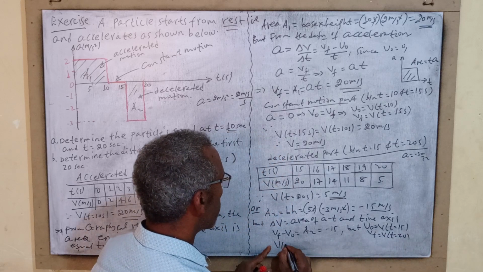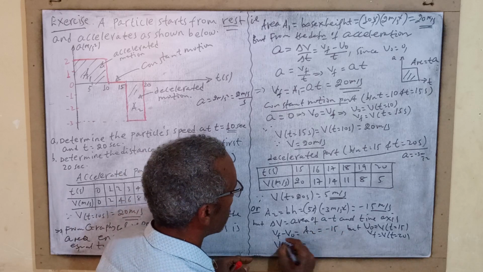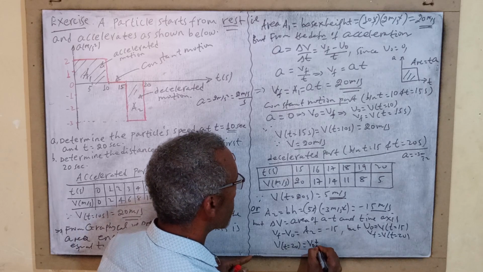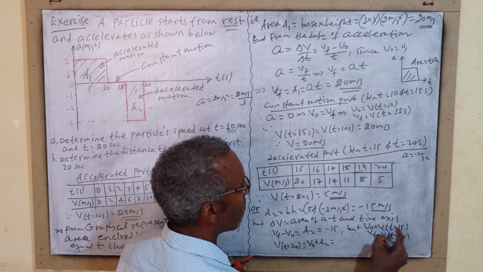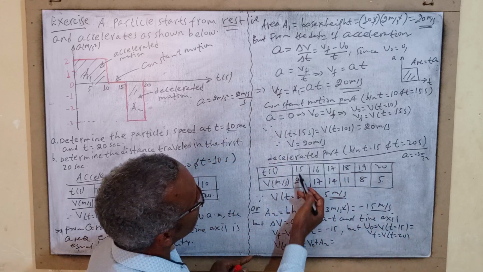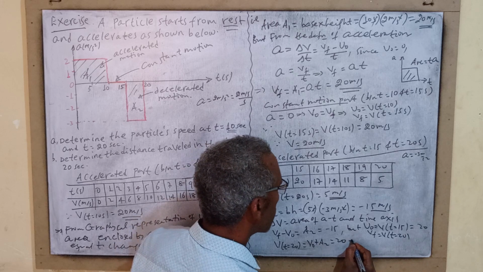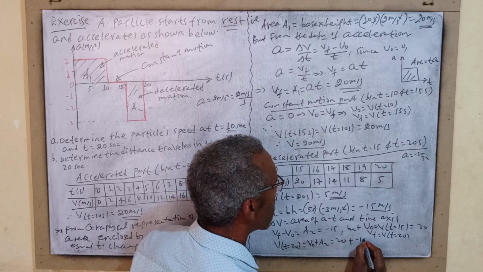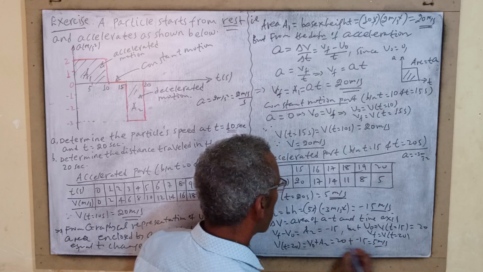Therefore, V at t equals 20 is equal to V naught plus A2. V naught is the velocity at t equals 15 seconds, which is 20, plus A2, which is minus 15 meters per second. 20 plus negative 15 is equal to 5 meters per second.